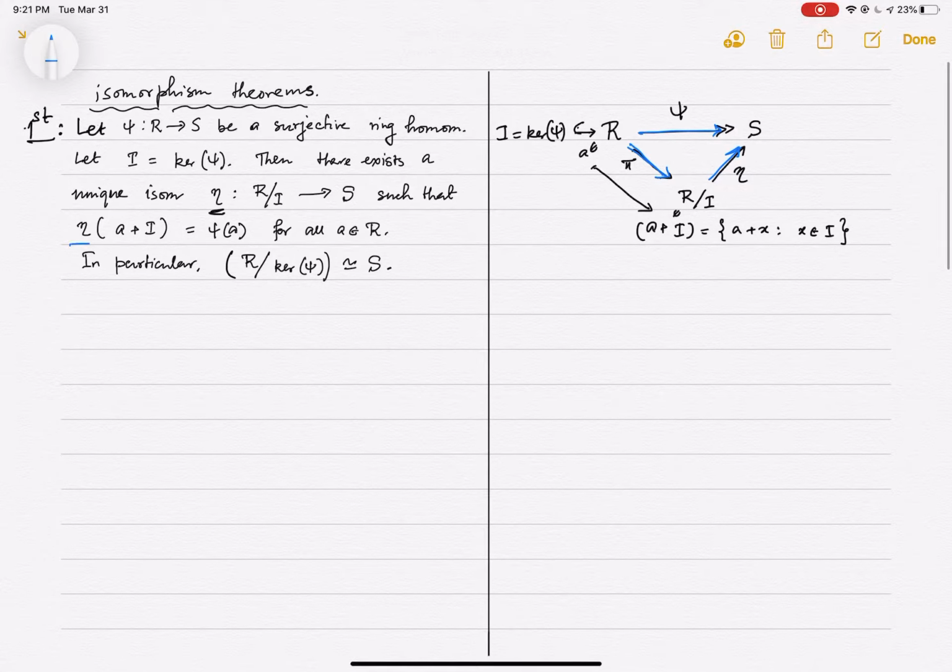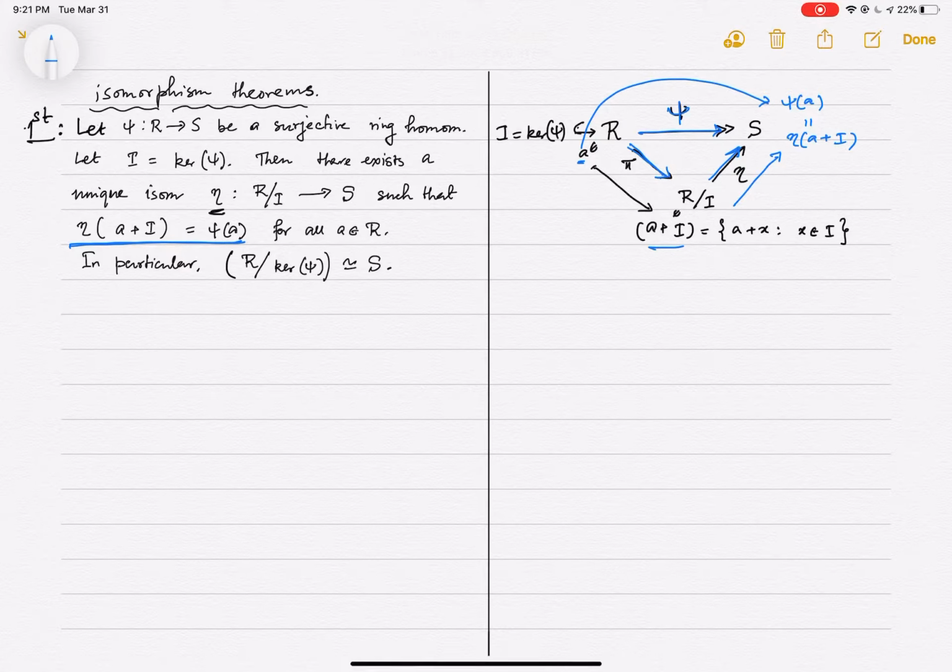That's the content of this equation on the left. That if you take any A, then go down, you get to A plus I, and then go up, you get to eta of A plus I. Versus, you could have just gone right and you would have gotten psi of A, because the right map is psi, and these things are equal. So this picture is a pictorial way of describing this equation.